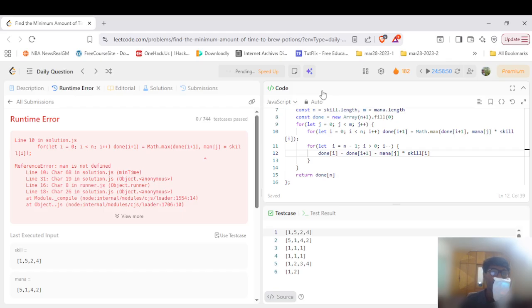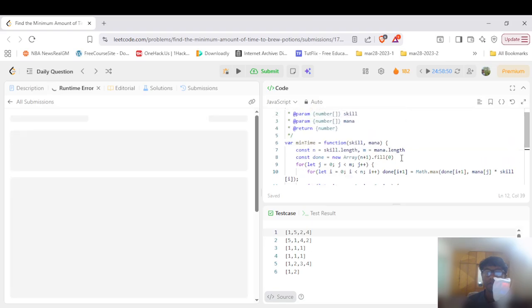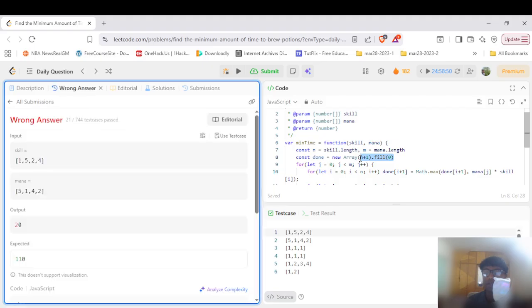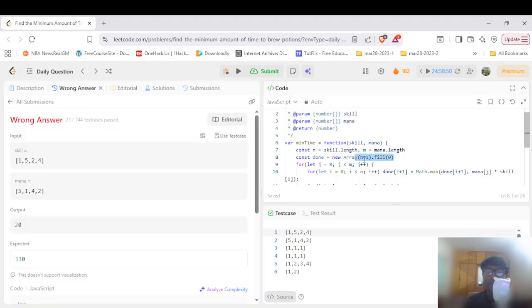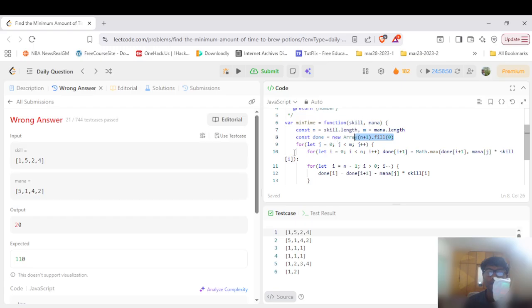While the solution gets submitted, the space complexity of the solution would obviously be O of n, as we have this array here, while the time complexity is n into m, the length of the two arrays. Okay, so the solution is failing to get submitted.